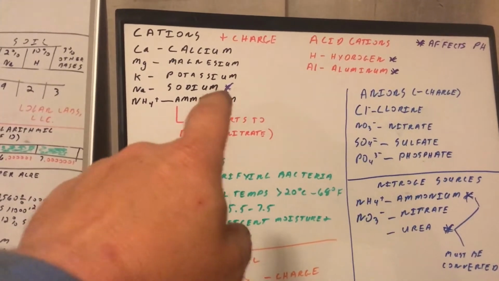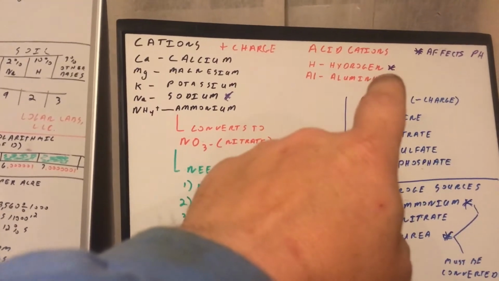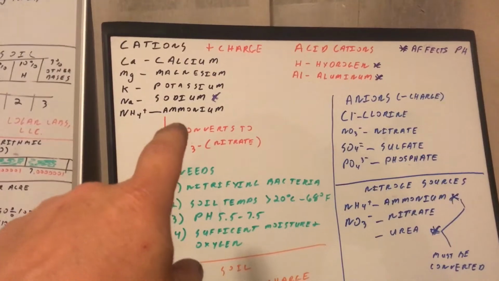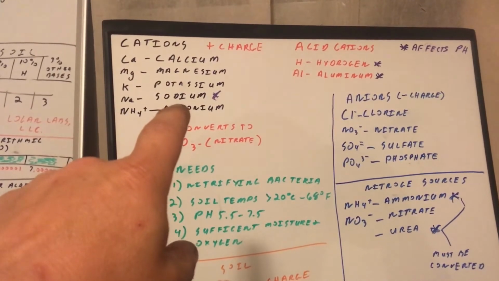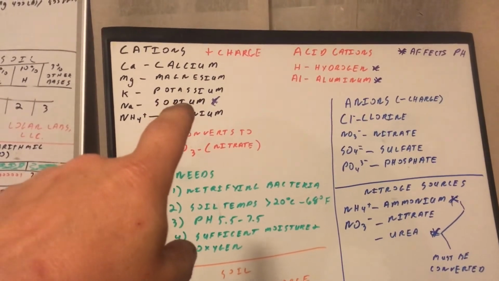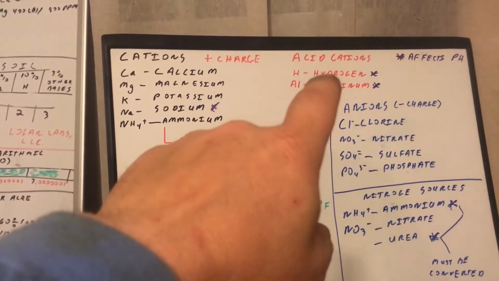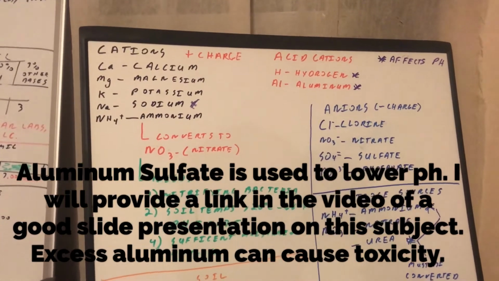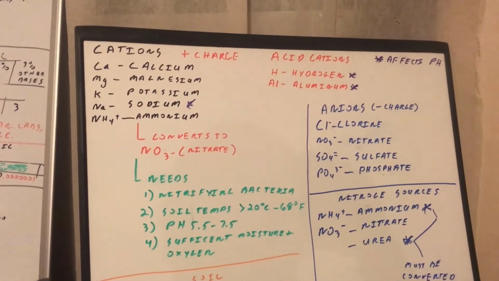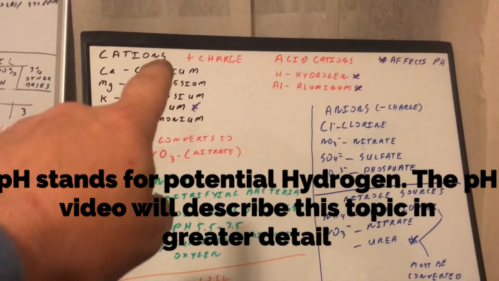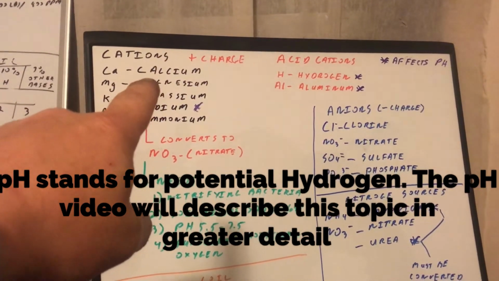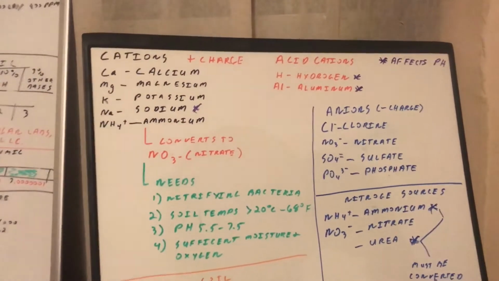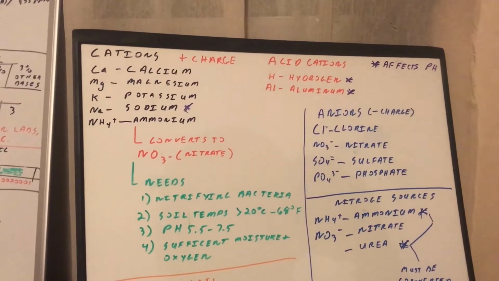Now, I have these purple stars by these 3 acid cations. Sodium is not an acid cation per se, but sodium will affect pH, just like hydrogen and aluminum. What typically happens when your soil is in a high or low pH situation is calcium has gotten displaced, and an abundance of hydrogen and or aluminum has become prevalent in the soil.